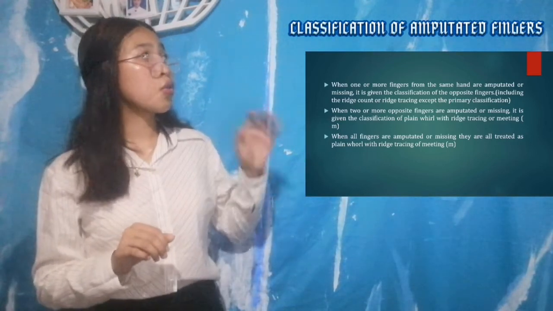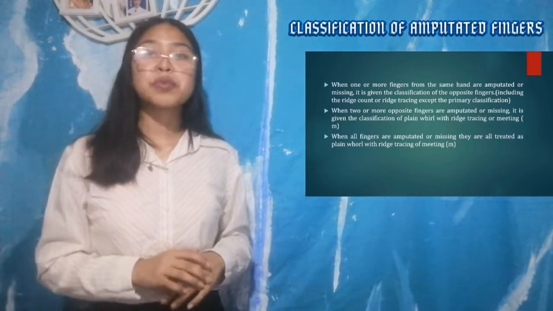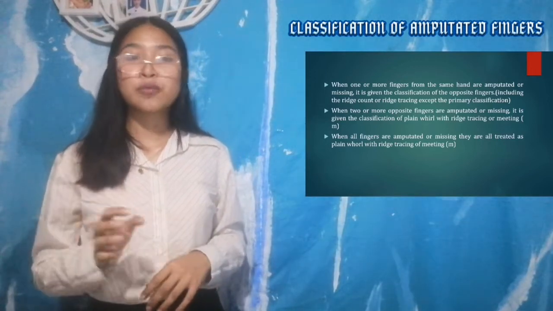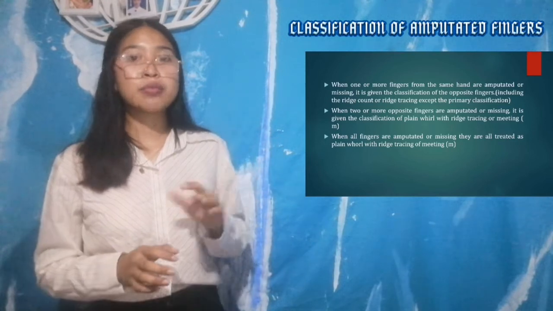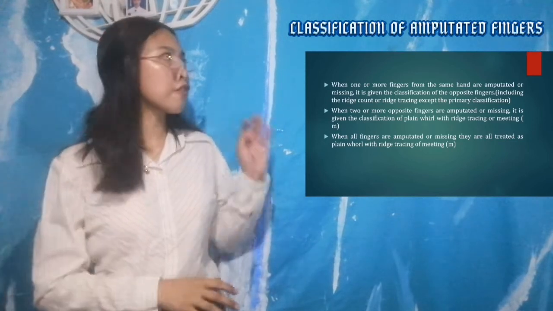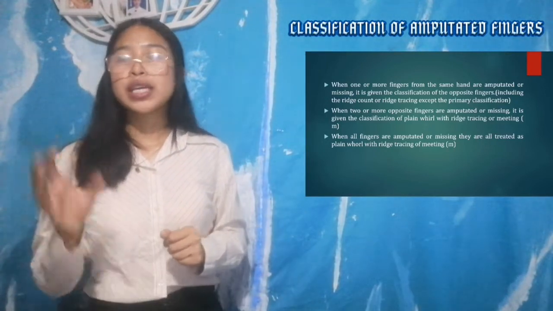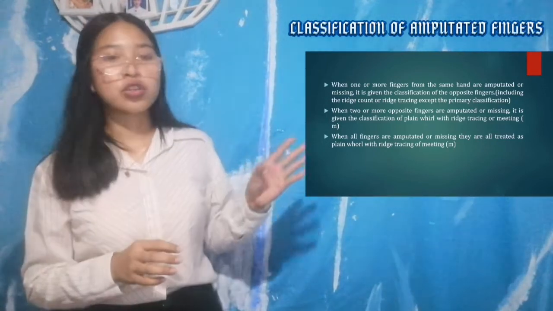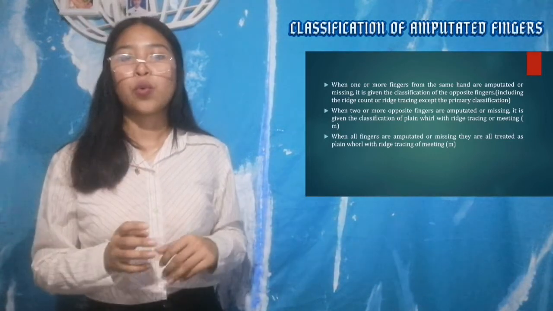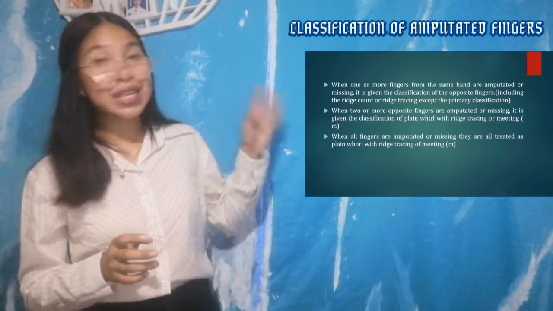Next, when two or more opposite fingers are amputated or missing, meaning the facing finger is amputated or cut, it will be given the classification of planar with the ridge tracing meeting.